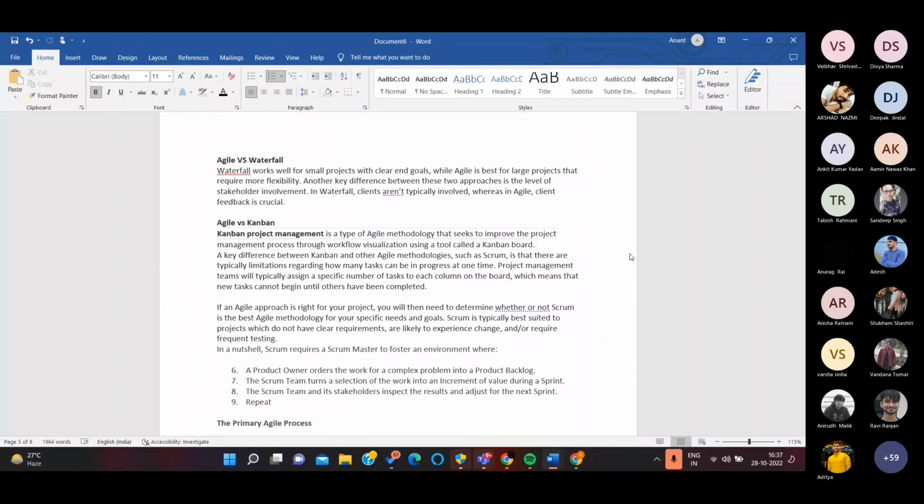So what Kanban does is, it was earlier introduced in a physical form.